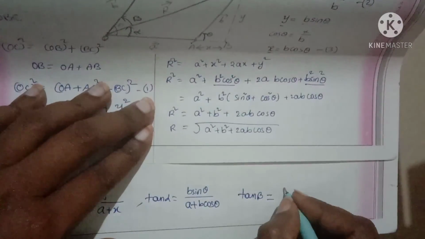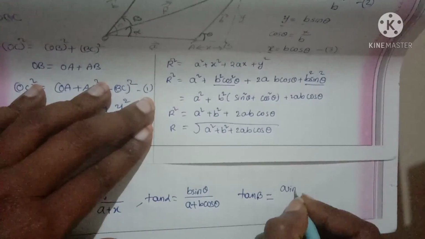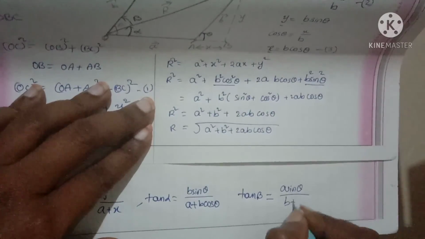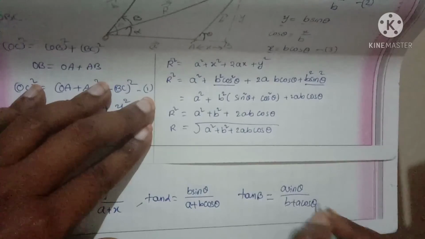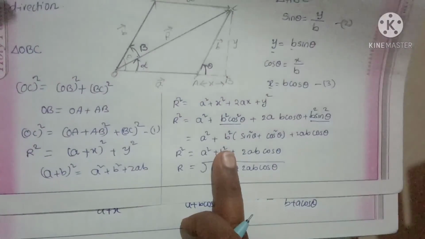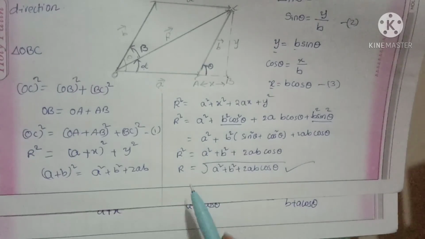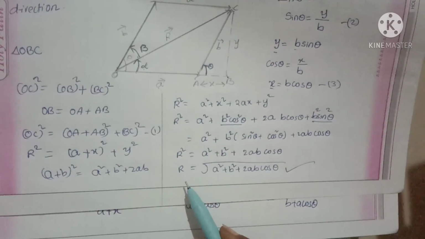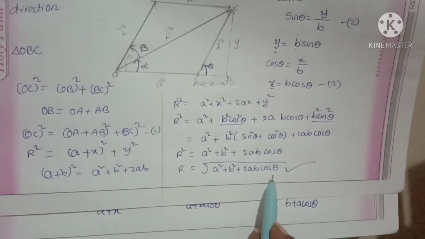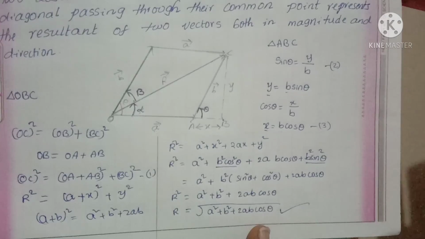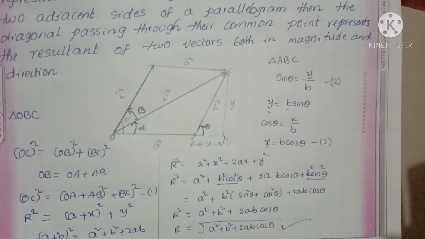Then we can write tan beta equals a sin theta by b plus a cos theta. So this is about the parallelogram law of vectors. The important point is that the magnitude of the resultant is given by root of a square plus b square plus 2ab cos theta. This is the derivation for the parallelogram law of vectors.